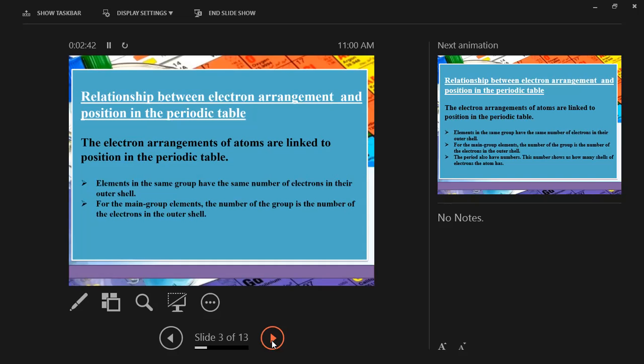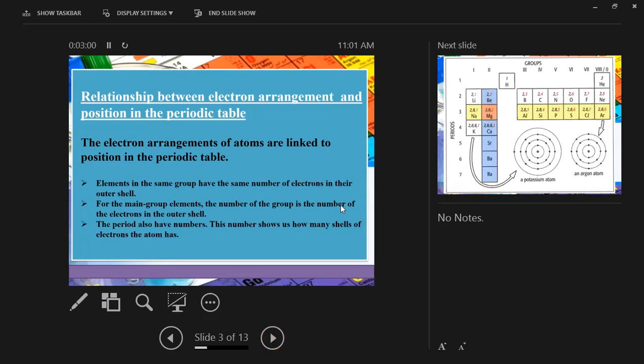Where will we fill up the 4? Here 1, 2, 3, 4. So how many electrons in the outer shell now? 4. So where is carbon present in the periodic table, in which group? 4. So you understand now this second statement? This statement shows that the number of the group is the number of electrons in the outer shell.